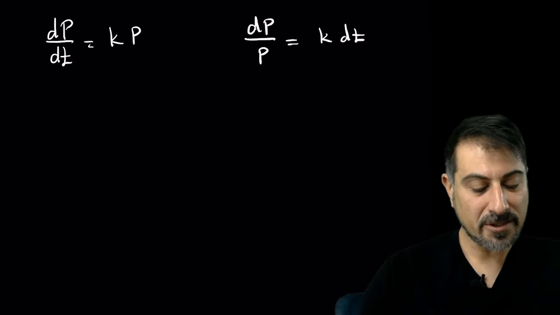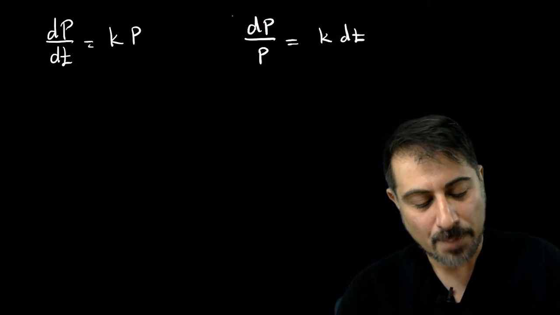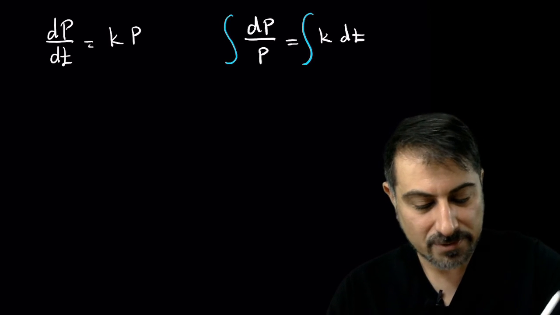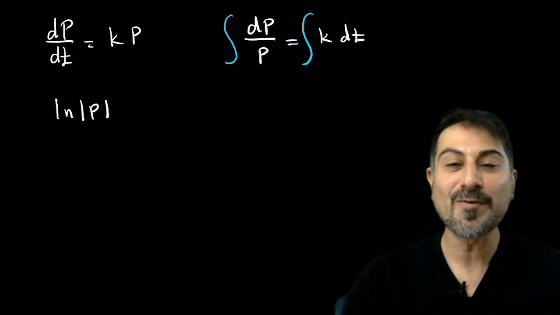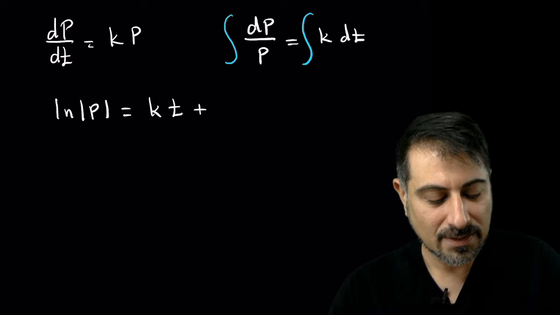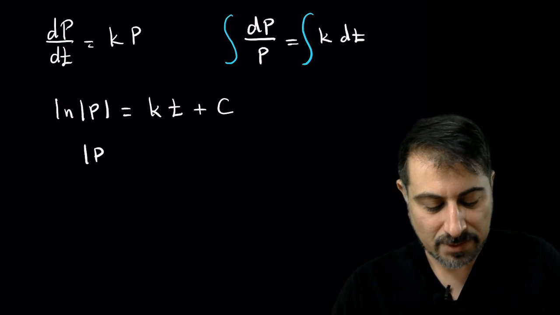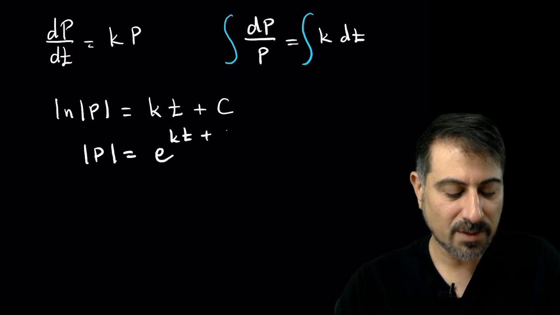Now the variables are completely separated, so we can integrate both sides. The left integral provides ln absolute value of p, and the right-hand side is k times t plus c. From here, absolute value of p is equal to e to the kt plus c.